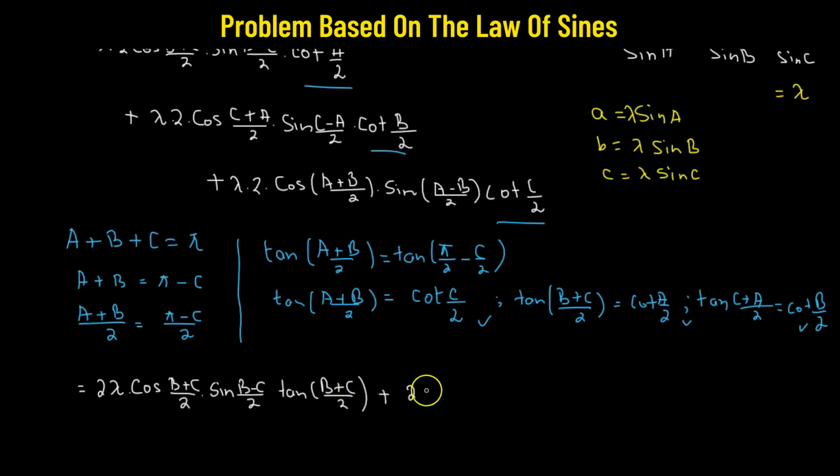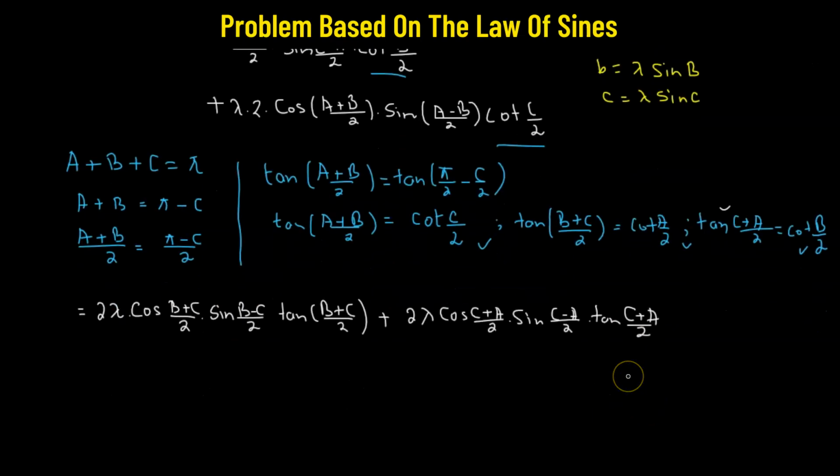Then the next term will be 2 times lambda multiplied by cosine of C plus A over 2 times sine of C minus A over 2, multiplied by cotangent of B over 2, which we replace with tangent of C plus A over 2. And then coming to the final term, we have 2 times lambda multiplied by cosine of A plus B over 2 multiplied by sine of A minus B over 2 multiplied by cotangent of C over 2, which we replace with tangent of A plus B over 2.